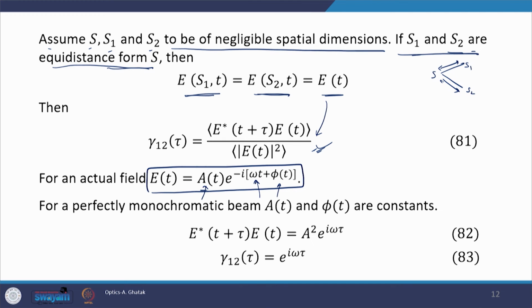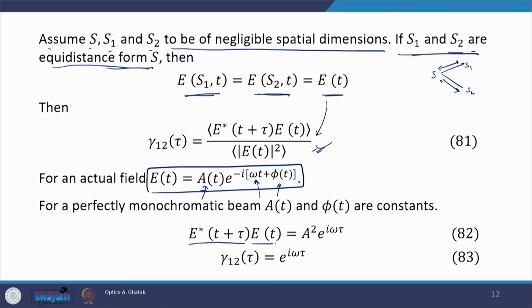For a perfectly monochromatic beam, A(t) and phi(t) are constant, they do not vary, and therefore E star(t plus tau) into E(t), if you want to calculate, would be equal to A square e to the power i omega tau. How? E star(t plus tau) from this expression can be written as A(t plus tau) e to the power minus i(omega t plus omega tau plus phi(t plus tau)).